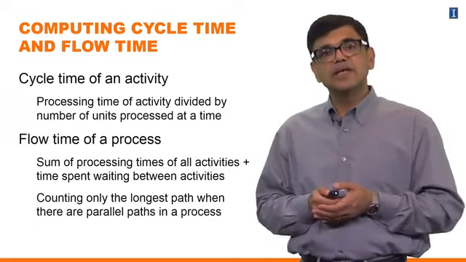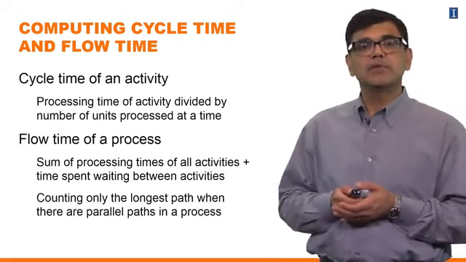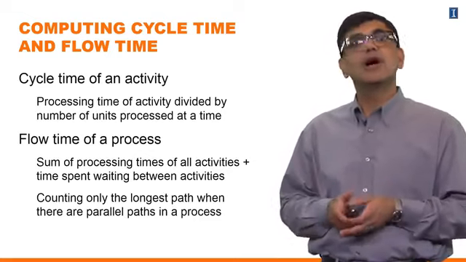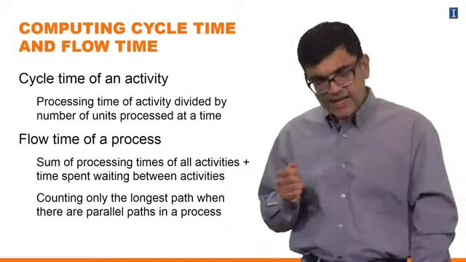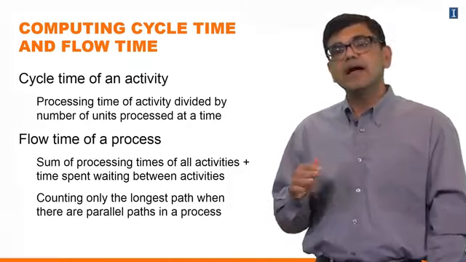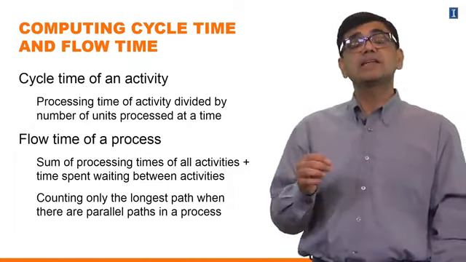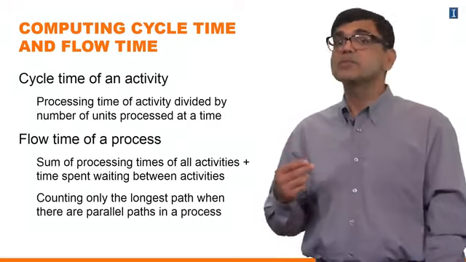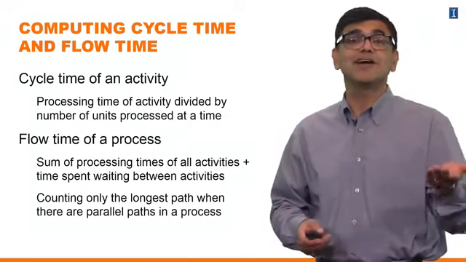Next, let's look at the cycle time and the flow time of an activity, and how these two concepts are related. So the cycle time of an activity is the processing time of an activity, and we divide it by the number of units that are processed in parallel, whether it's multiple resources or whether it's a large batch.